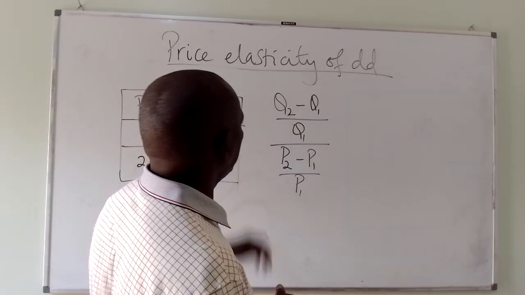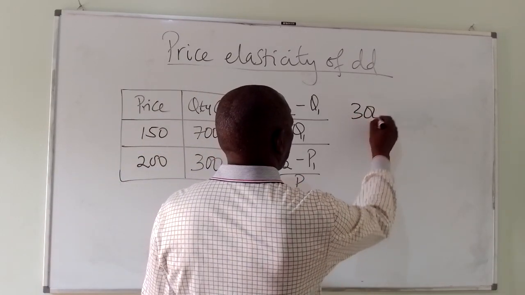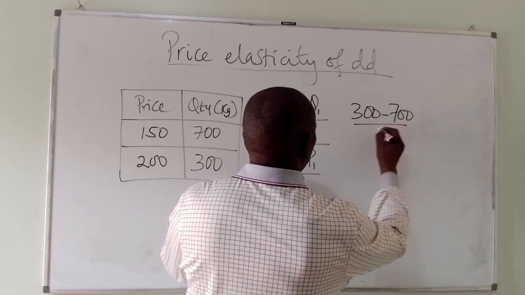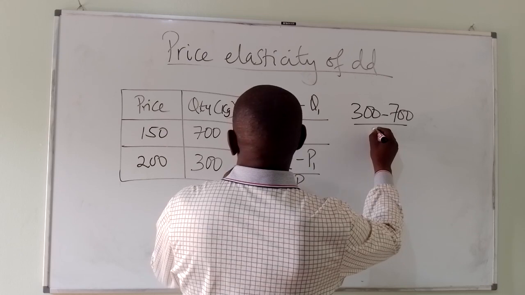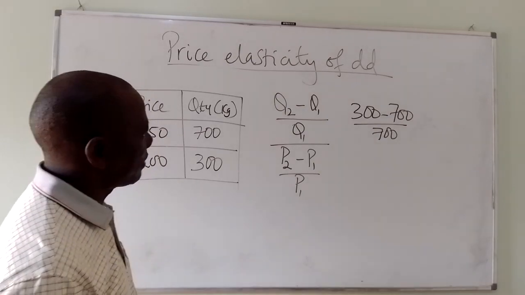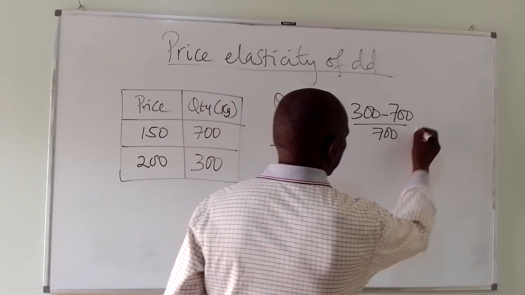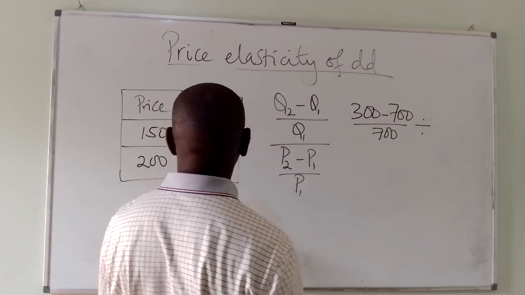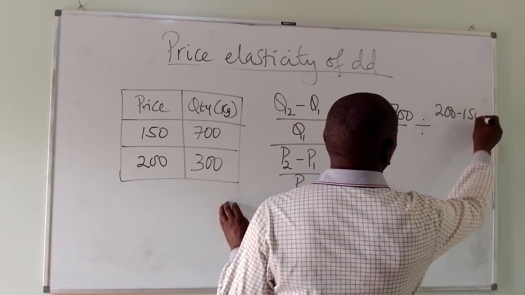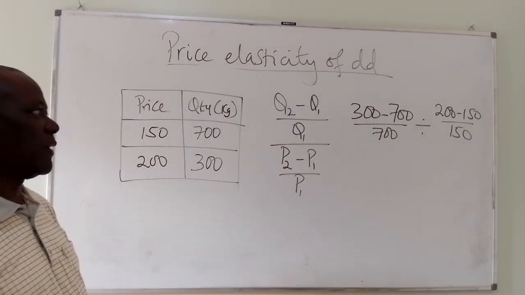So what is the change in quantity demanded? The change is 300 minus the original 700, over 700. Then all this we have to divide by the change in price. The change here is 200 minus 150, over 150. That is the figure that we have.